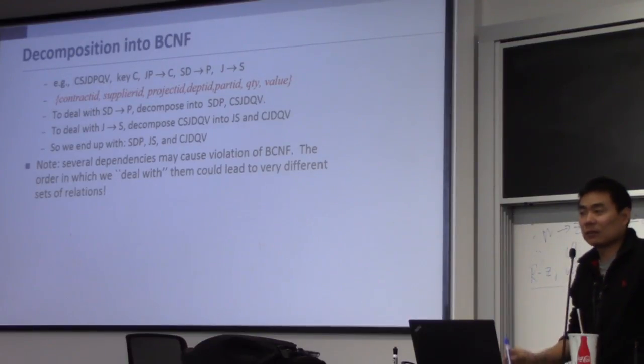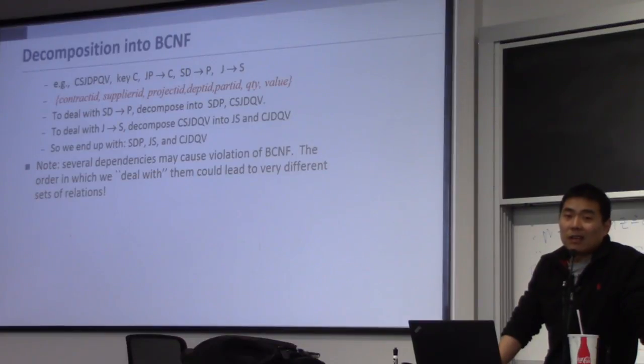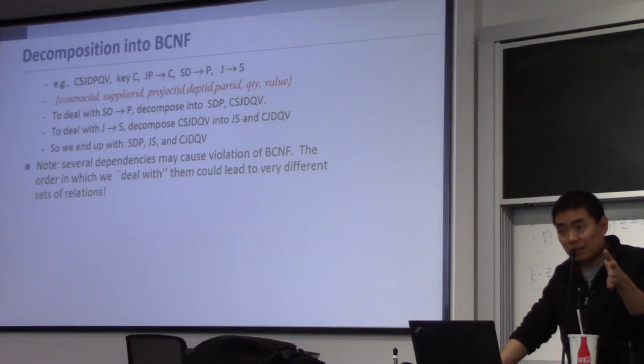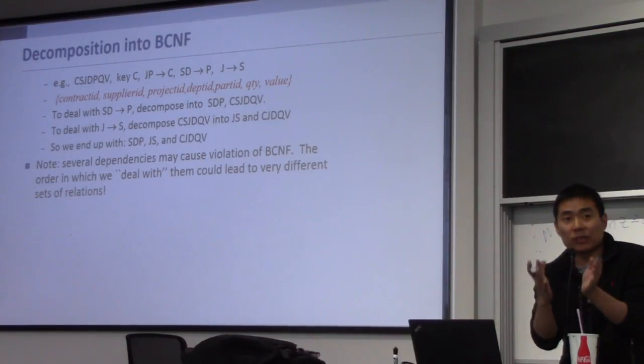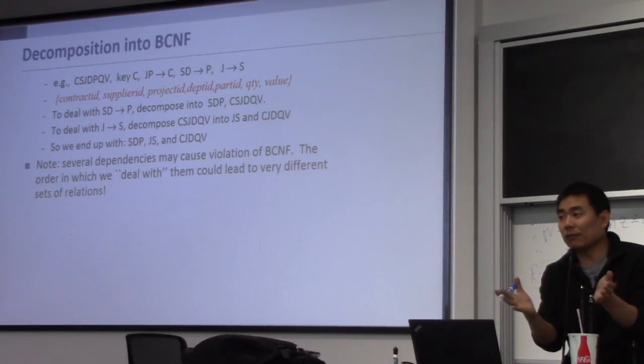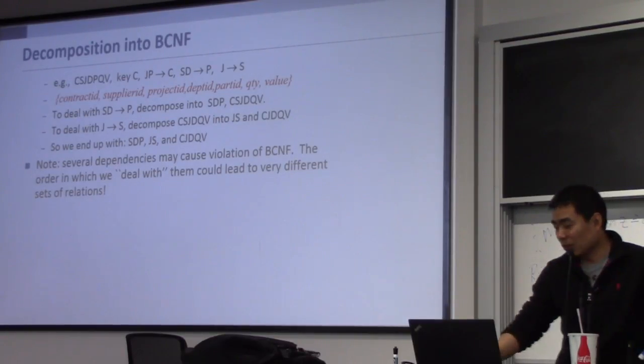It's an ad hoc fix. Yes, you can do that, but this introduces redundancy. Basically, you're storing this schema only for the purpose of enforcing one particular functional dependency, which is really ugly. So people don't want to do this.